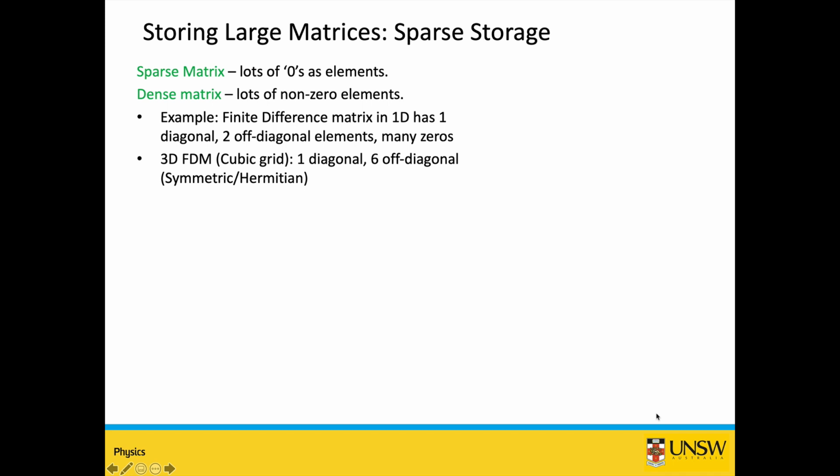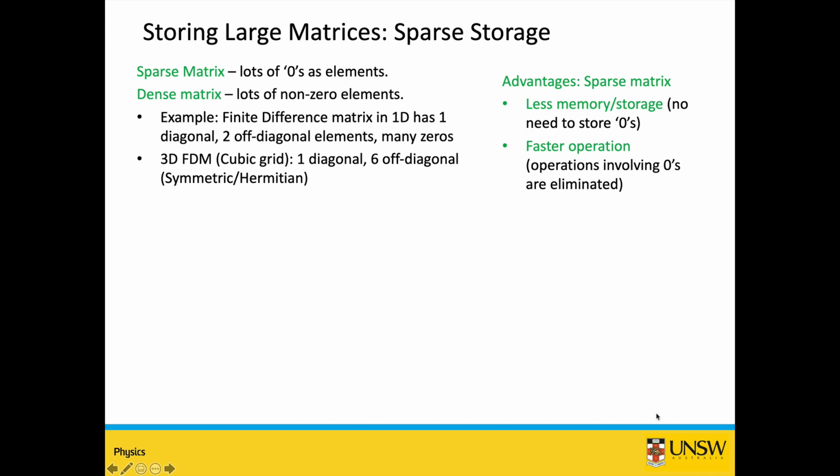You can see that the problem gets more complicated if you go to 3D in FDM. You still have one diagonal element and six off-diagonal elements in each row, but it's still a sparse matrix, so you can save on memory.